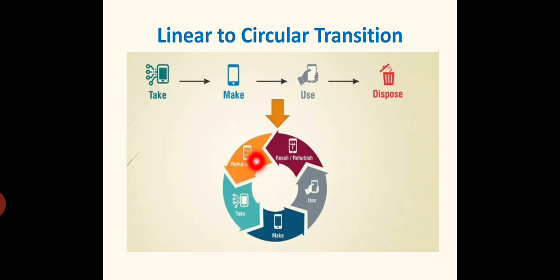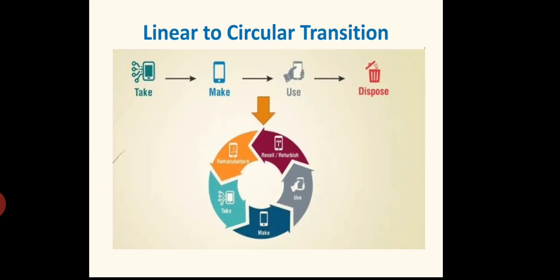That is, either it is remanufactured and used again, or after it is used it is used as a raw material itself. That is what is happening. Somehow we are making it into a closed loop, so that the waste is eliminated. That is the basic concept of circular economy. Okay.